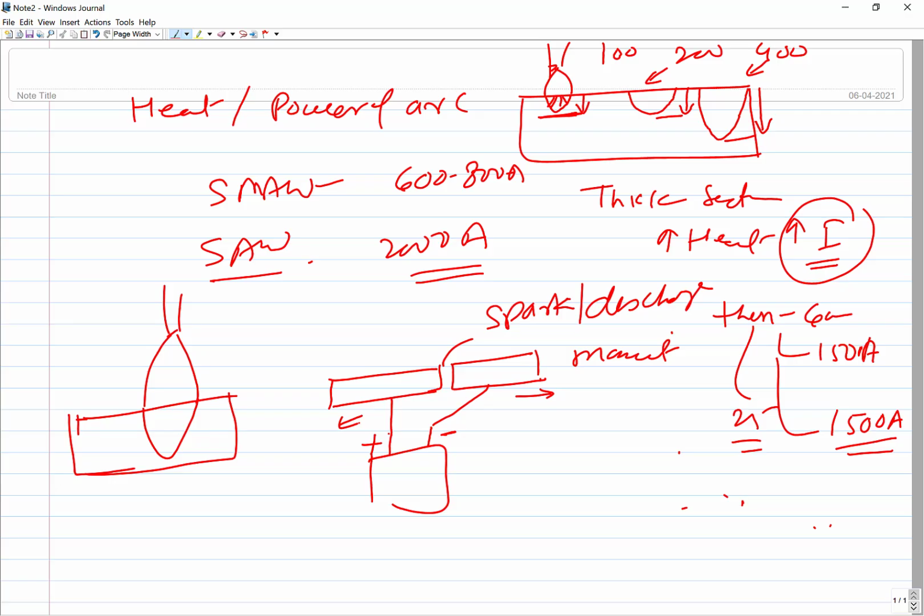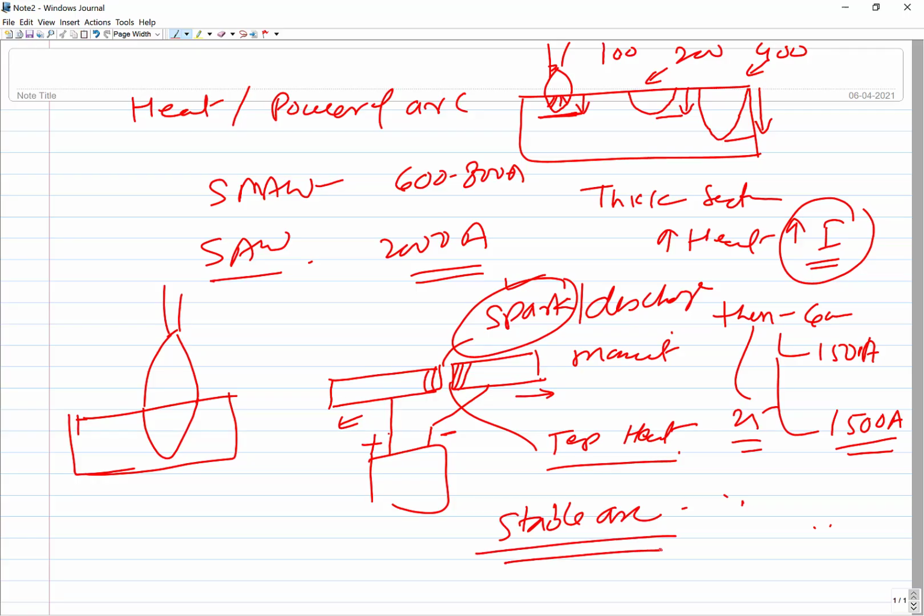But even whenever there is a spark, even for a short time, high temperature and heat are generated. Since the spark is just for a very short period, it cannot be used for melting. So in order to have a stable, continuous spark, so that the heat and temperature generated can be used for melting the faying surfaces, the edges of the plates to be joined, we need a stable arc.